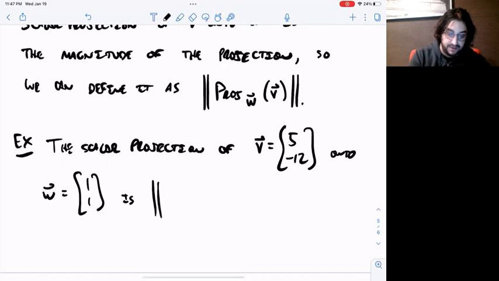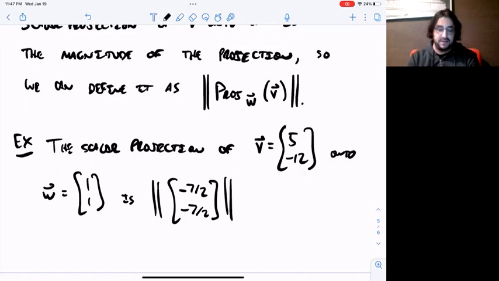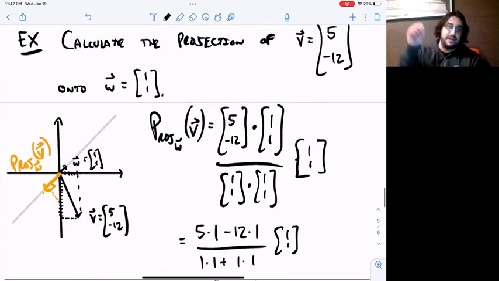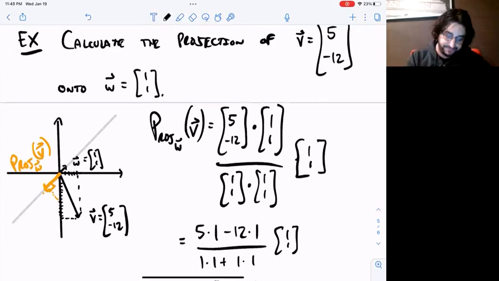Well, it's the magnitude of the projection. We calculated that as -7 halves, -7 halves, right? So what I'm doing is calculating the length of the orange vector in this diagram. I'm saying, how long is that little orange vector?